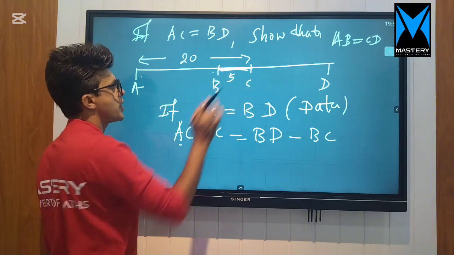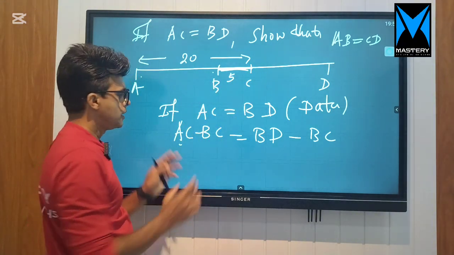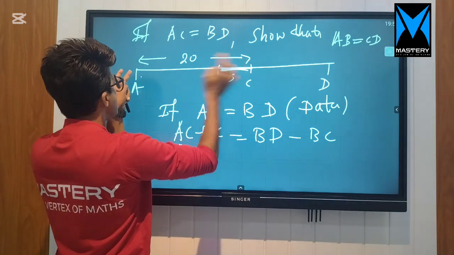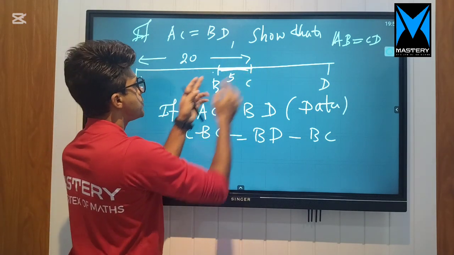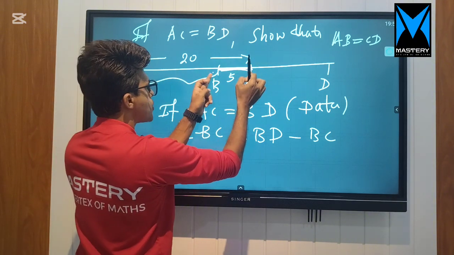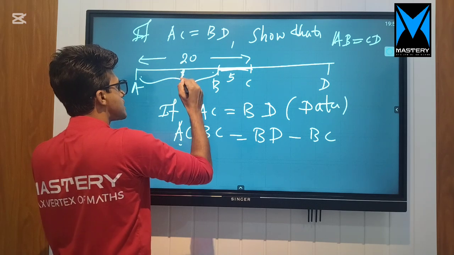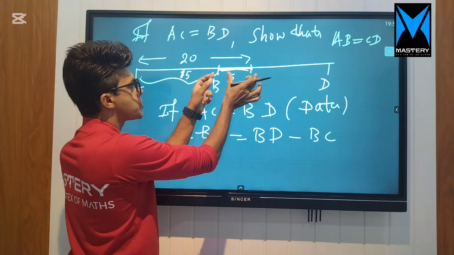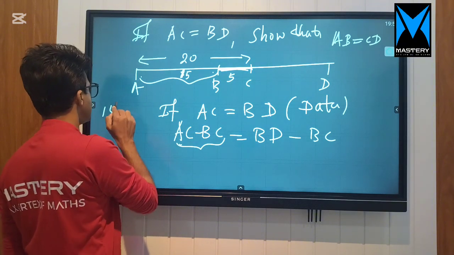AC minus BC: AC means 20, and 20 minus 5 is 15. So AC minus BC is 15. Just bear in mind that 15.